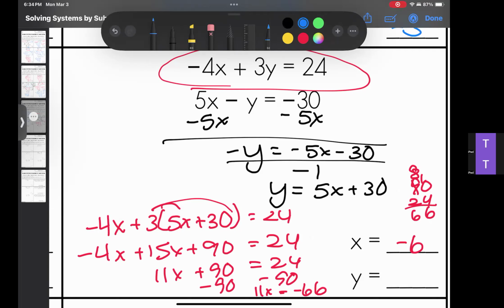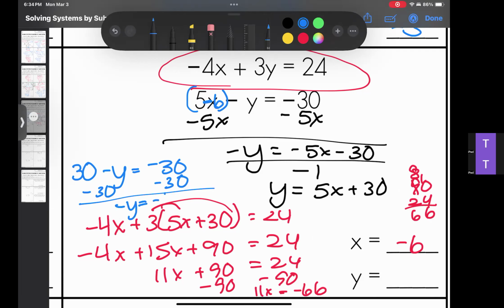And then y. So we're going to plug in, which one did we just use? We just used this one. So plug in x is -6. So that would be 30 minus y equals -30, which is going to be negative y is equal to -60, which is going to be y is equal to 60 because we have to divide the whole thing by -1.